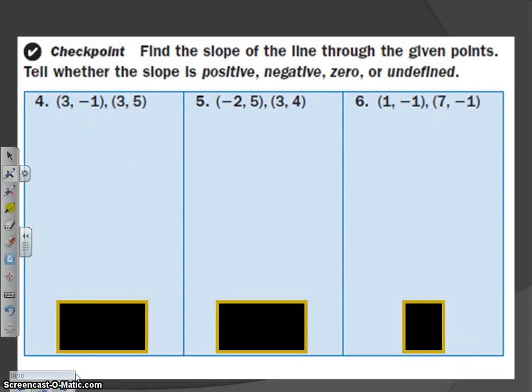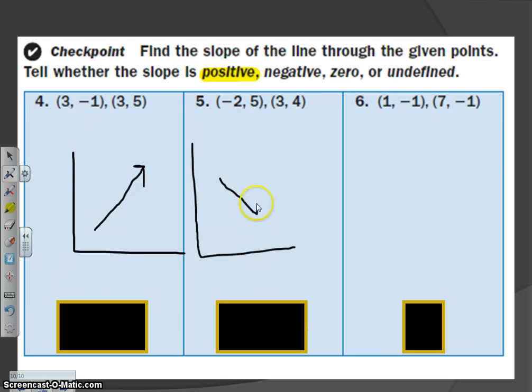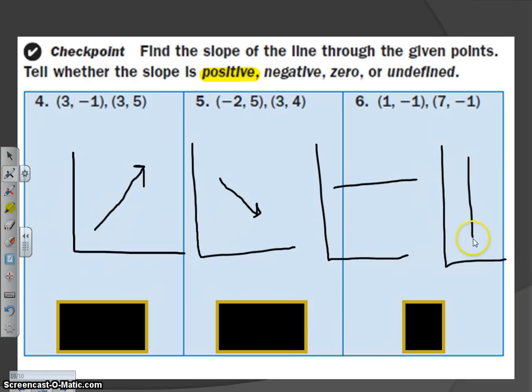Again, try these 3. Let's talk about what the graph should look like. You do not have to graph, but if it's a positive, the slope is going to go up like this. A negative goes down. 0 is a horizontal line, and undefined is a vertical line.